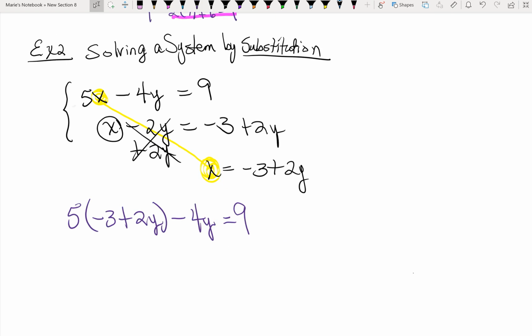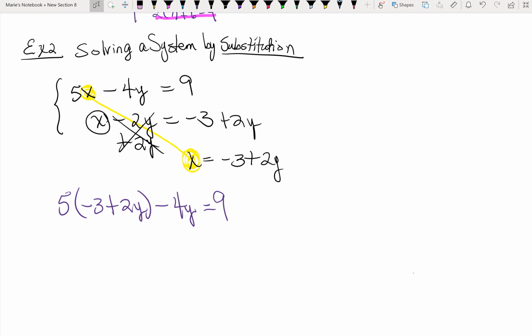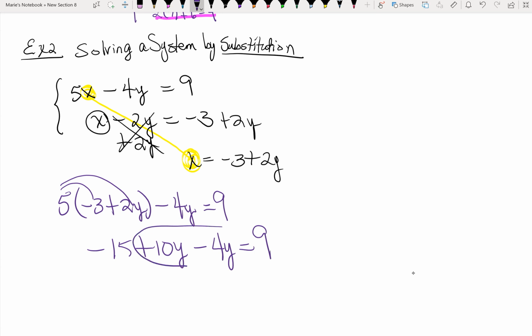Now I can solve for y. First thing I'm going to do is distribute the 5 to get negative 15 plus 10y minus 4y is equal to 9. Second thing I'm going to do is combine like terms. So I have negative 15 plus 6y is equal to 9.